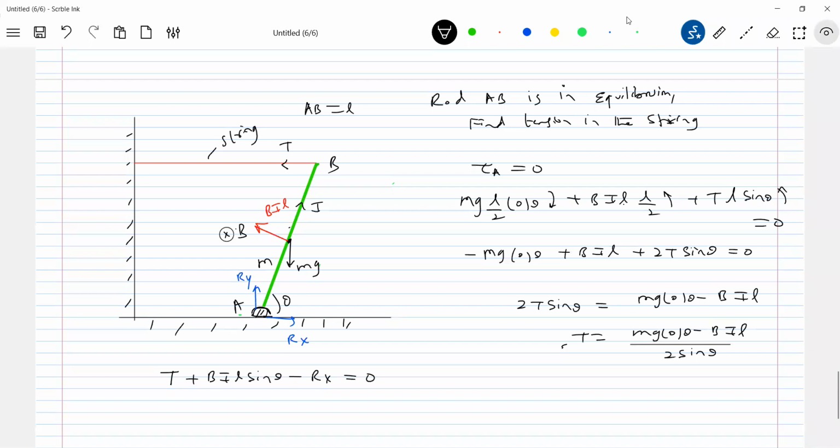I'm resolving the component of BIL along the x-axis, so BIL sin theta will act along the x-axis here. We know the value of tension; substitute it here and you'll get the expression for Rx. Similarly, Ry minus mg minus BIL cos theta equals 0. Rx and Ry are the reactions at the hinge.